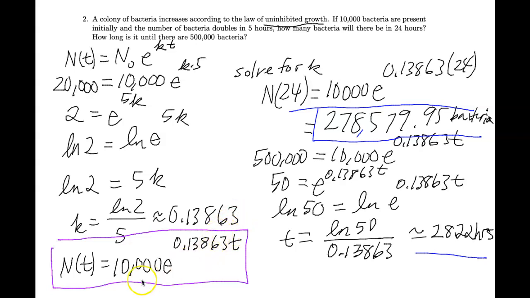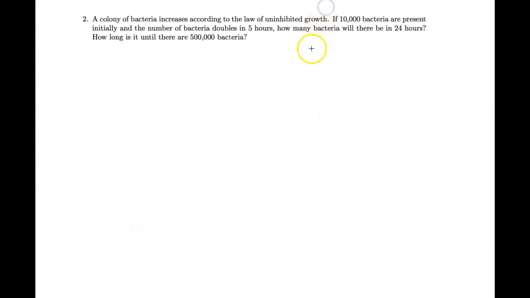So what I want to show you is another thing that you can do instead of getting your calculator at this point. So we had k equal ln 2 over 5.